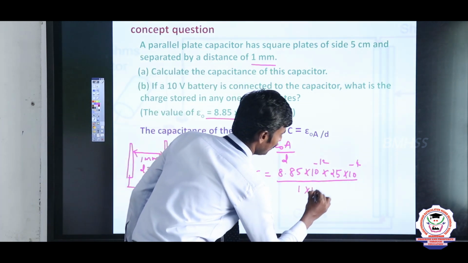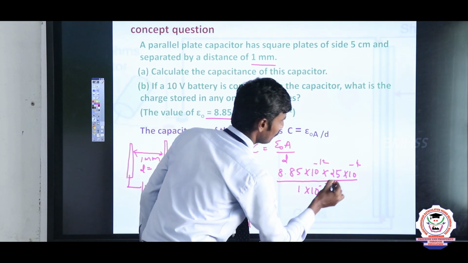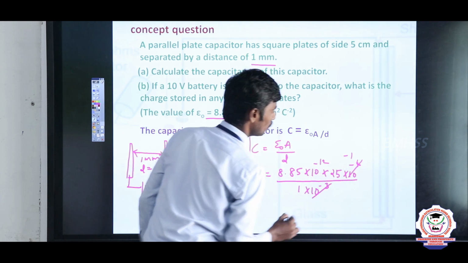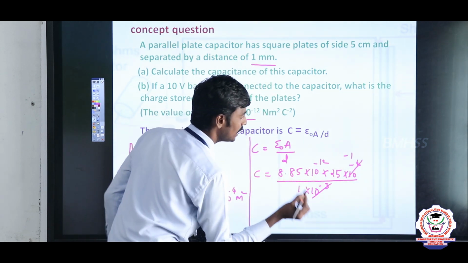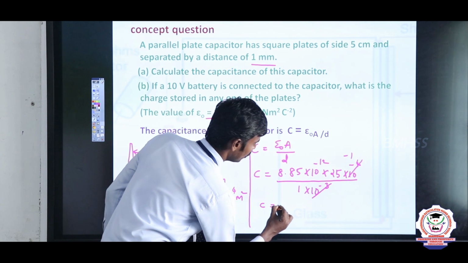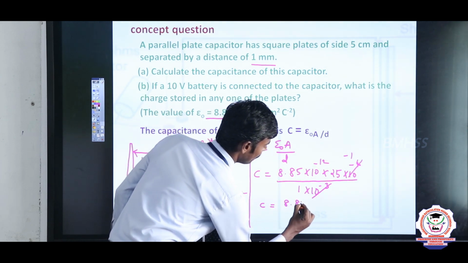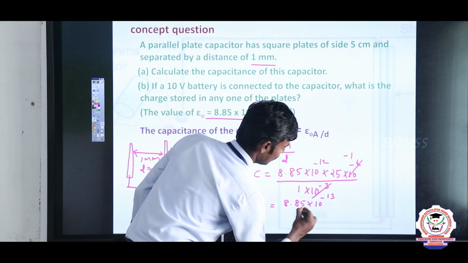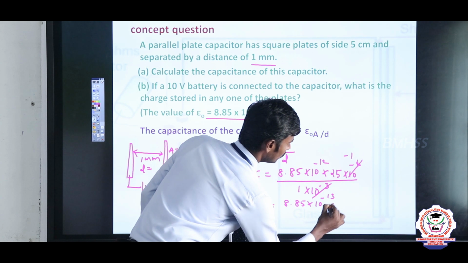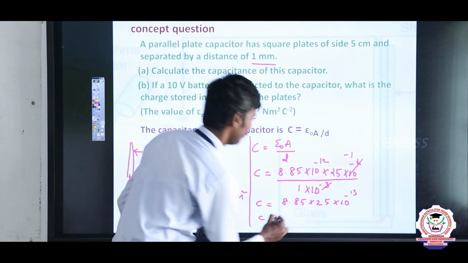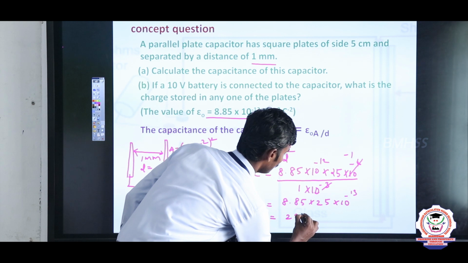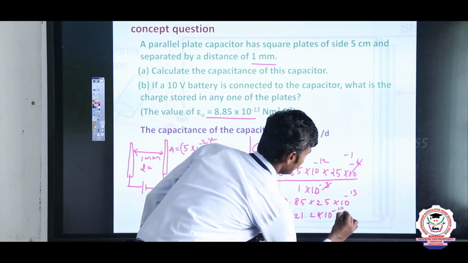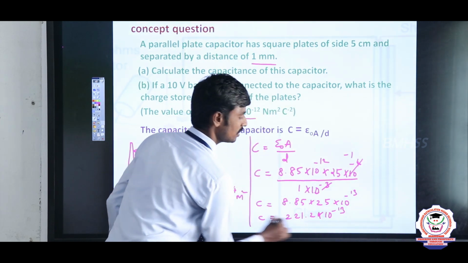Minus 4 minus 3 cancel, remaining 1. So minus 12 minus 1 gives minus 13. So C equals 8.85 into 10 power minus 13, into 25. Multiplying these two values, we get 221.2 into 10 power minus 13. The unit of capacitance is farad.